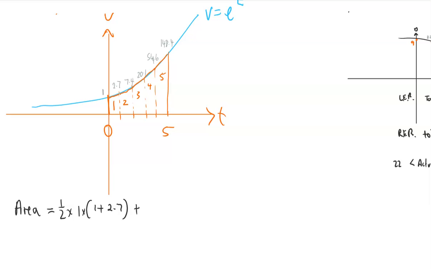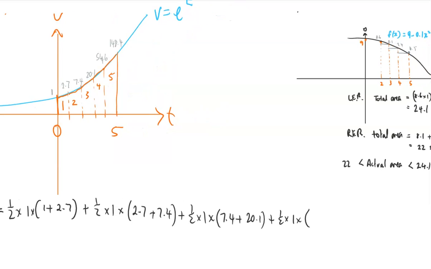So I'm just going to, and as I said, please bear with me, all right? Again, it's going to be exactly the same, and then it's going to be 2.7 plus 7.4 plus a half times 1 times 7.4 plus 20.1 plus a half times 1 times... Now, you don't have to write this out if you don't want to, because I'm doing it for you, but there's a method to why I'm doing this.